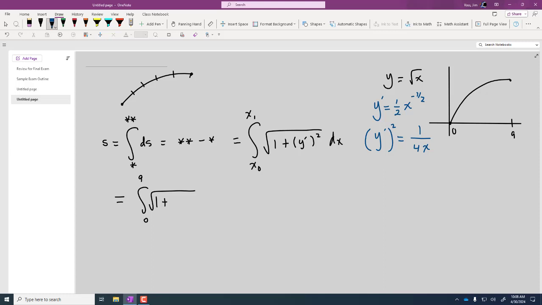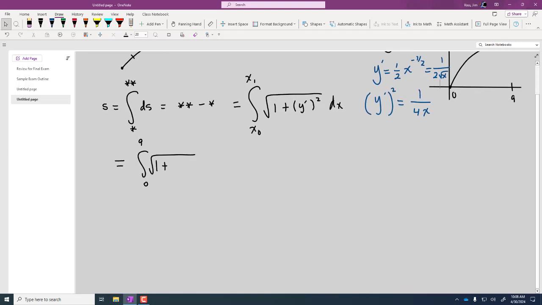Everyone agree with that? Right, it's 1 over 2 root x. If we square that, we'll get a 4 and an x in the denominator. So that's what's going to go in here. So we have 1 plus that.